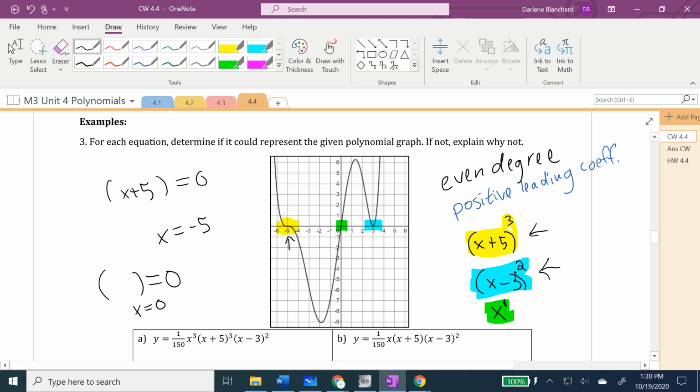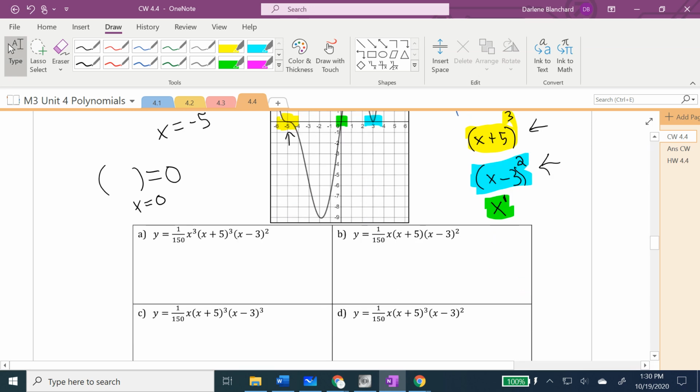Now, know that if you have a factored form of a polynomial, all of these are showing factored form, and let me make sure to clarify. We've got a number up front here.